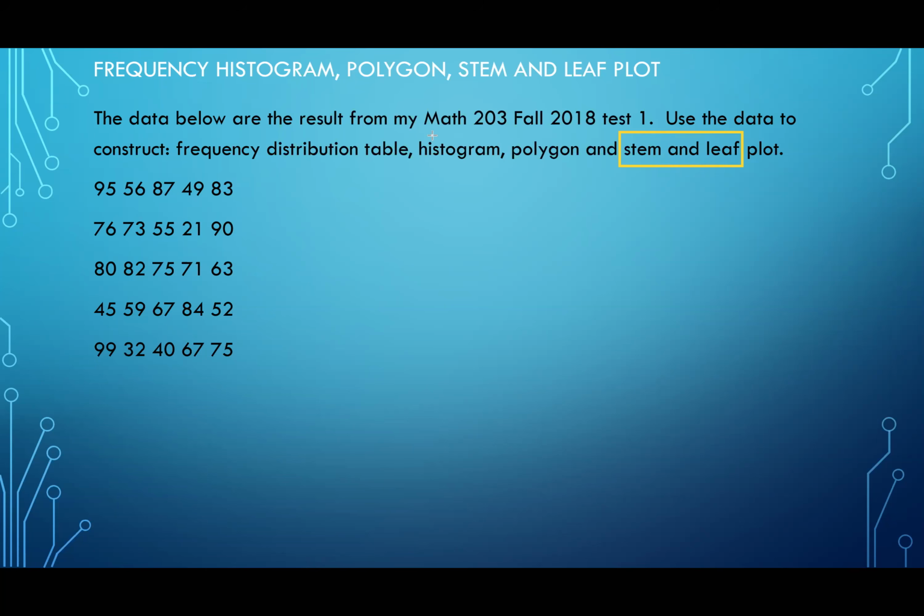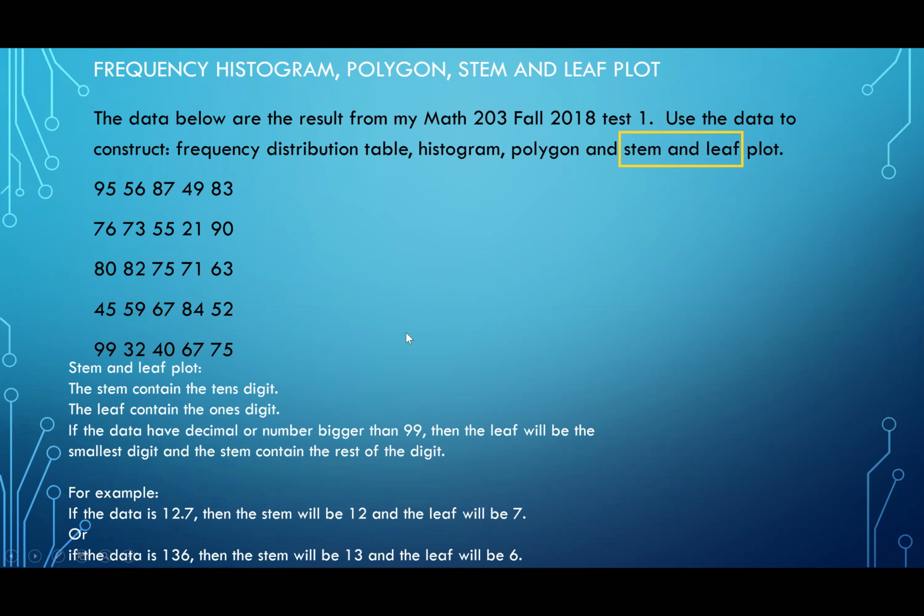To construct the stem and leaf plot, this is what you need to know first: you need to know your stem and you need to know your leaf. Your stem will contain the 10s digit or beyond.